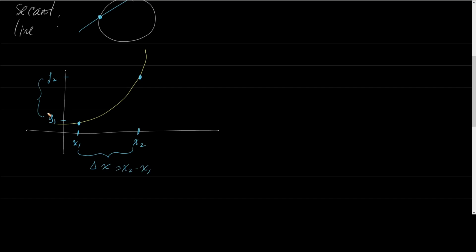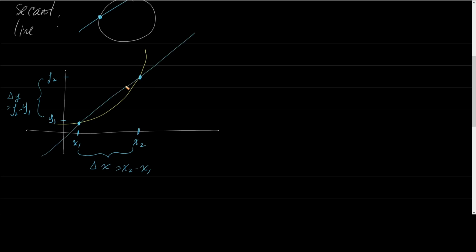And then this distance over here is delta y, which is y sub 2 minus y sub 1.